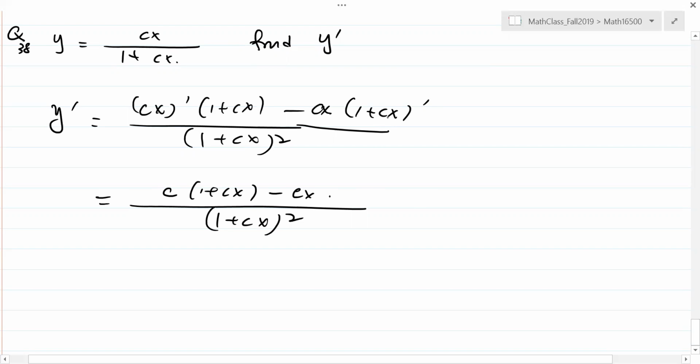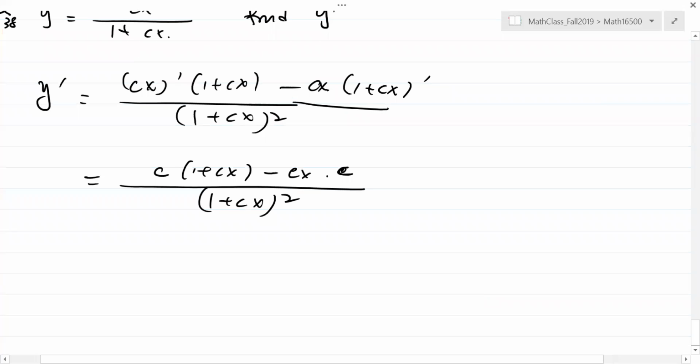So the derivative of 1 plus cx is just c. So the numerator will be just c. Why? Because I get c squared x here minus c squared x.